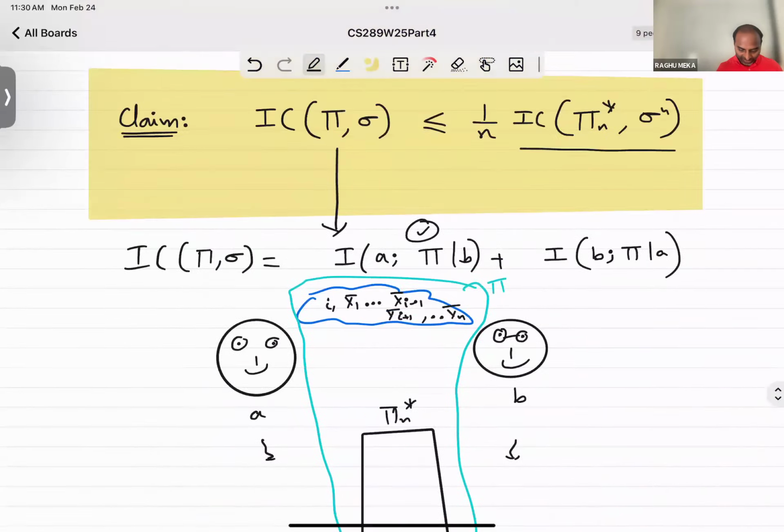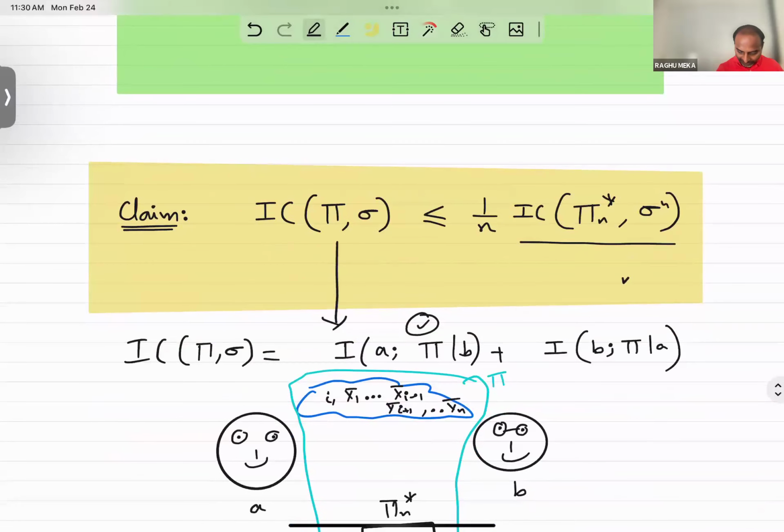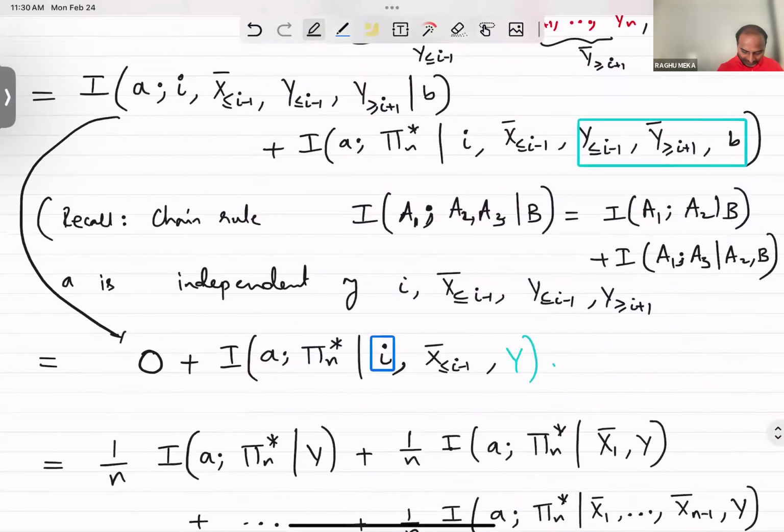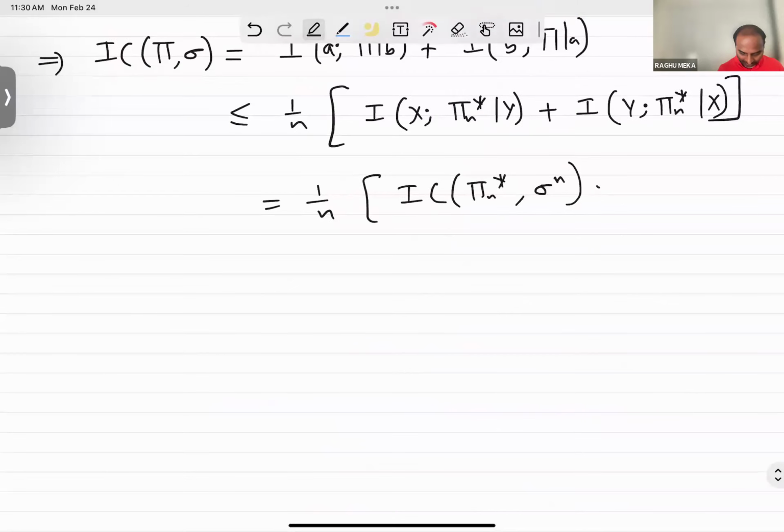Any questions? So we kind of proved this claim. So this implies the main claim. Right?